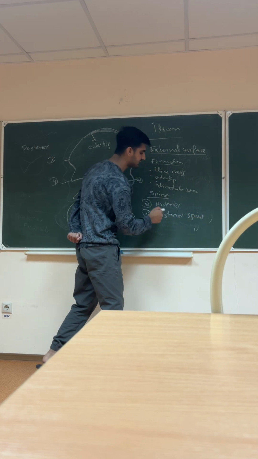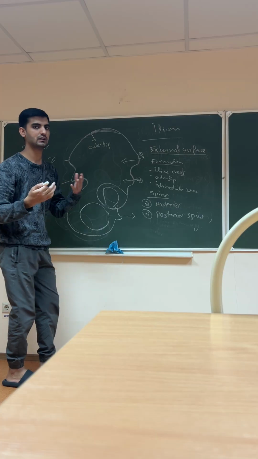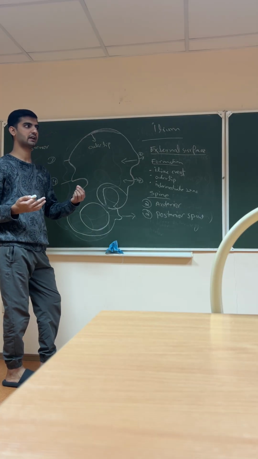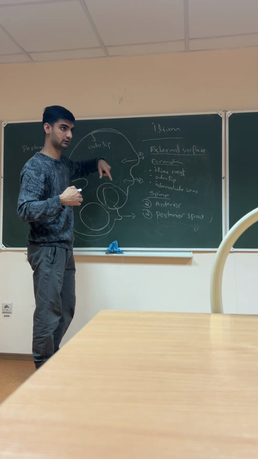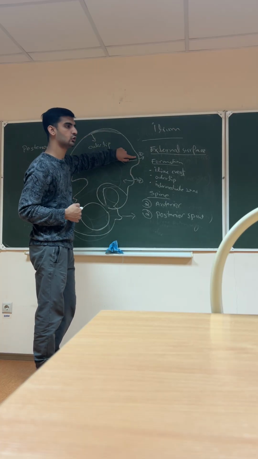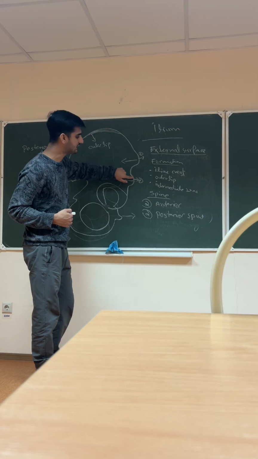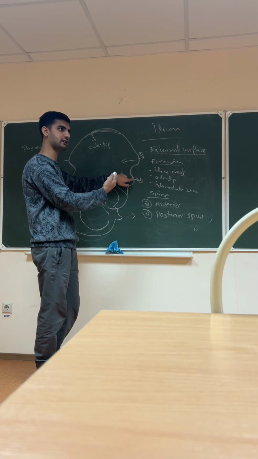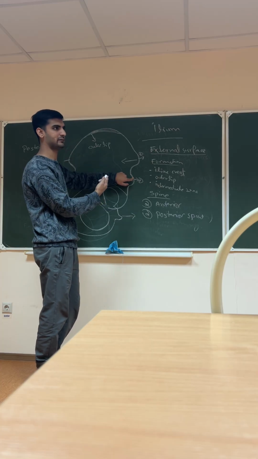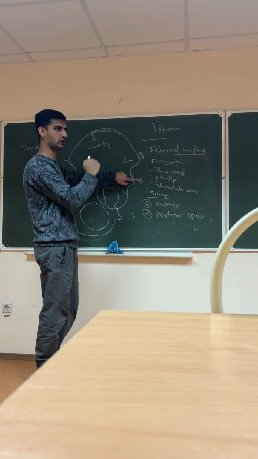Now the anterior side spines and posterior, how will we memorize these spines? First, this is the anterior side, so you can say: anterior superior iliac spine, anterior inferior iliac spine, because the side is anterior, and the spine is upper and lower.